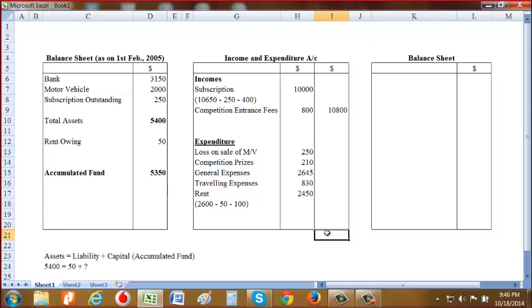Okay, so we didn't provide any depreciation on the old motor vehicle. It will be sold and the loss we have considered, without charging depreciation on the old motor vehicle. Now see the next 2 lines.